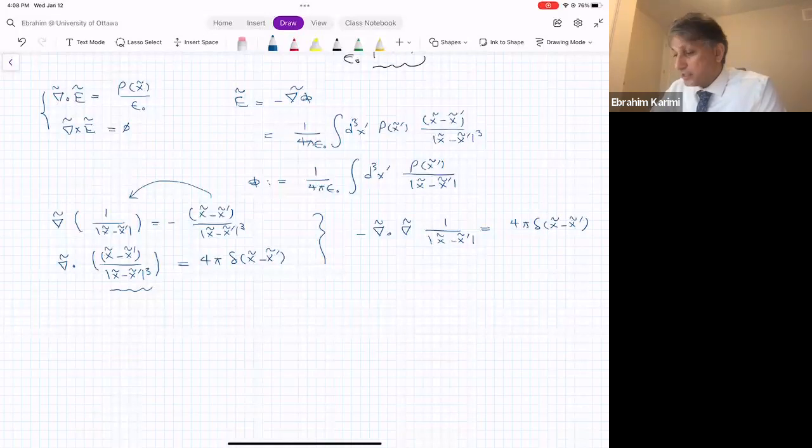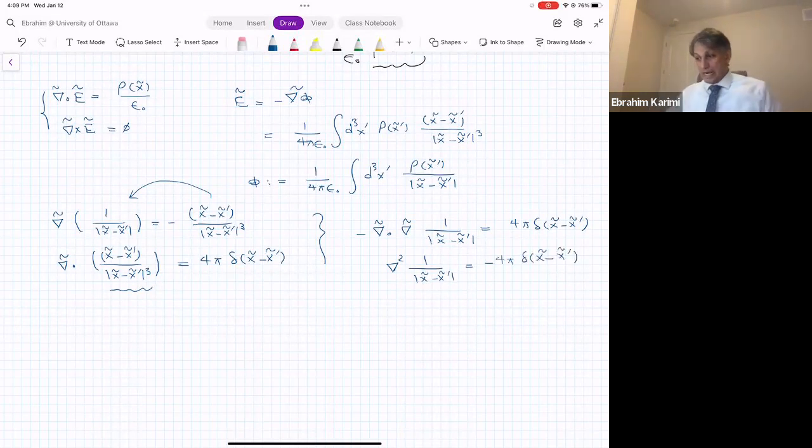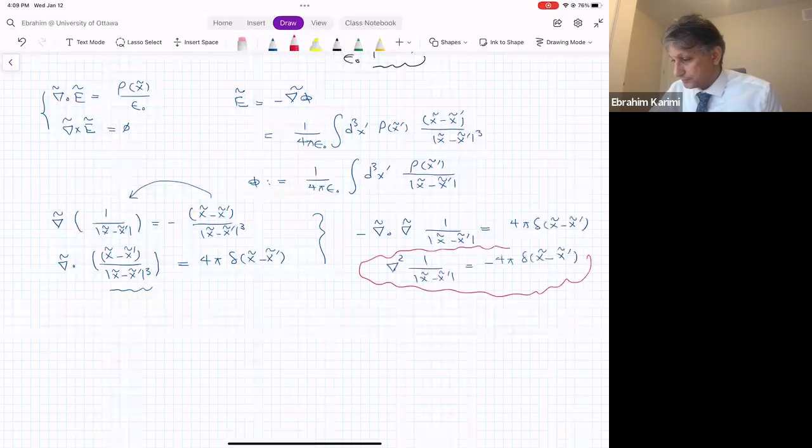So the divergence of the gradient, the Laplacian of 1 divided by |x minus x prime|, is equal to minus 4 pi delta of x minus x prime. This is really important. I will be using it a lot.